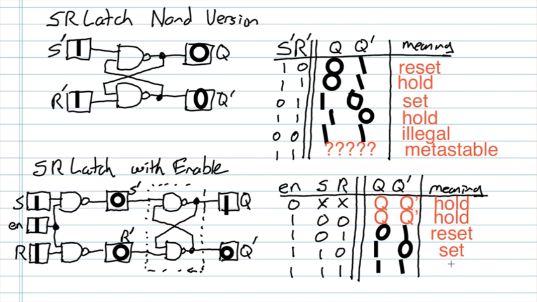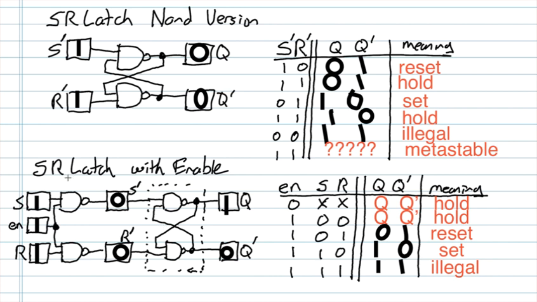It's illegal because the next time I go back to any of the holds, including the enabled version, there's a very easy way to go back to hold with that enable. Just turn enable off, and it'll go metastable. So essentially, this just sets up a danger spot that we don't want to allow. So the disallowed version on an SR latch with enable is all 1s on the input.